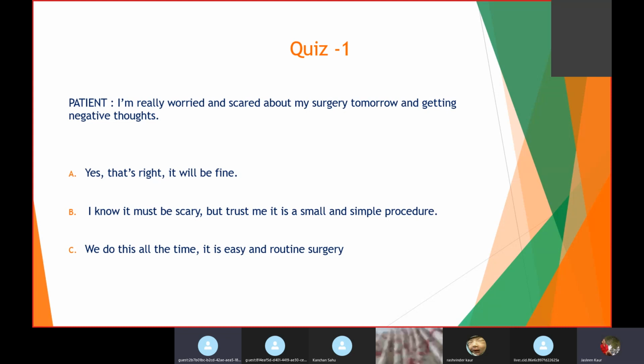Second, I know it must be scary, but trust me, it's a small and simple procedure. Third, we do this all the time, it is easy and routine surgery. So tell me, what would be the appropriate response for this? Anyone?